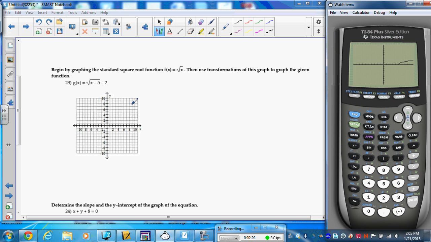Okay, so we can look at the table for this to put it on the grid. So let's go back and put the -2 in just to show that we're graphing the right one.